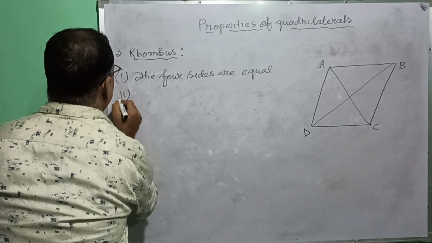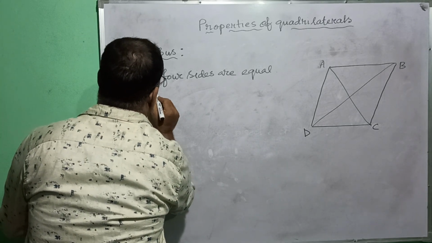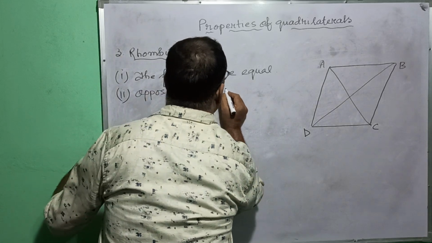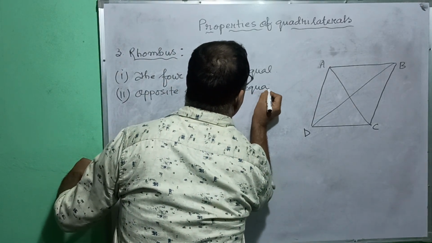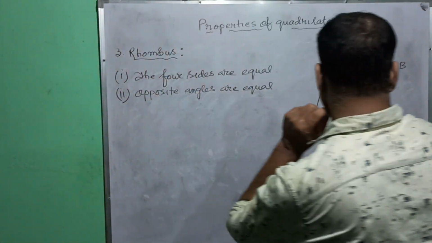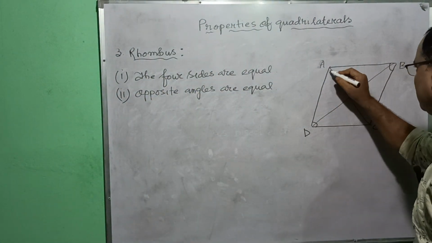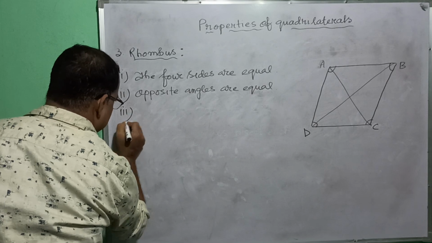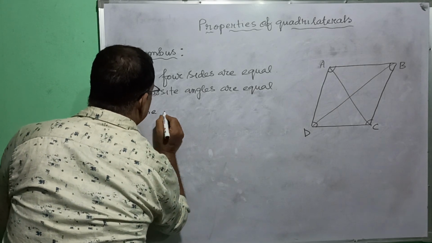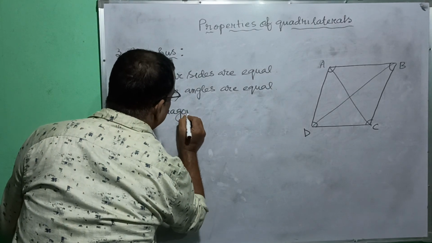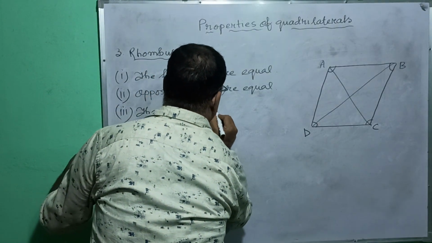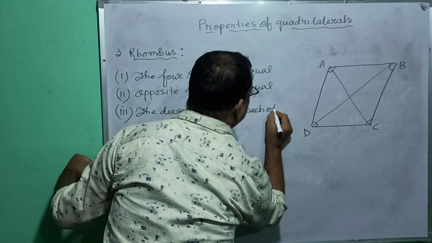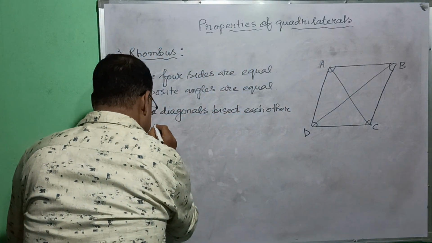Number two, opposite angles are equal. It means angle D is equal to angle B and angle A is equal to angle C. Number three, the diagonals bisect each other at right angles.